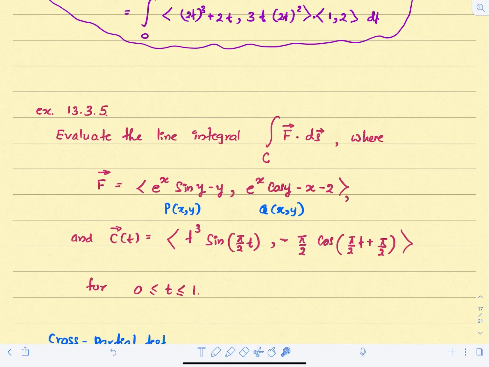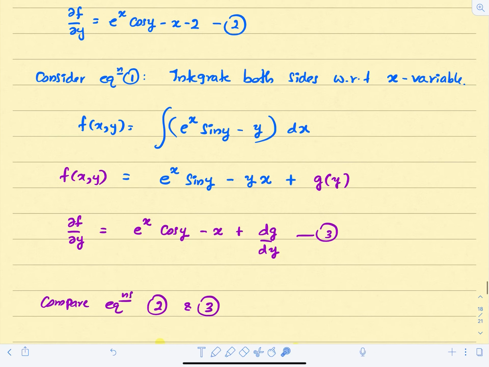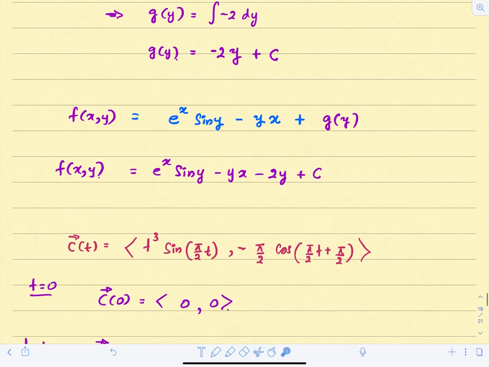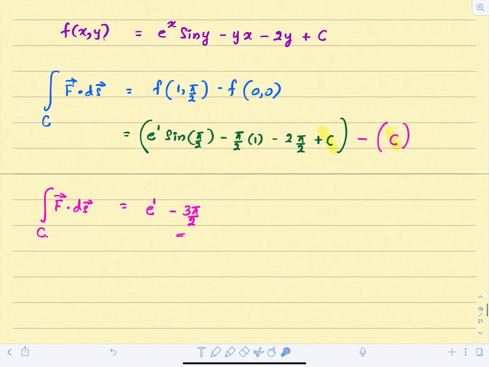But here fortunately our vector field f was a conservative one. Because of that we were able to find the corresponding scalar potential function little f, and using this scalar potential function and the fundamental theorem for line integrals, we calculated the exact value of this line integral.